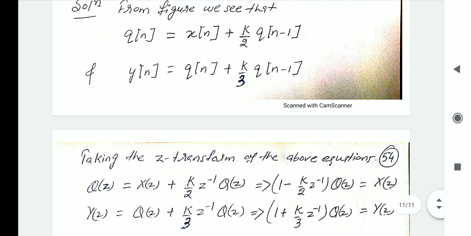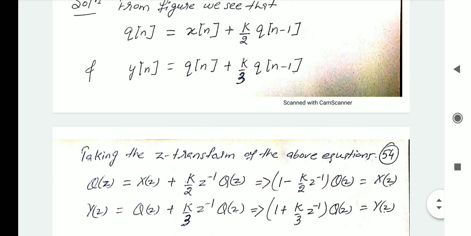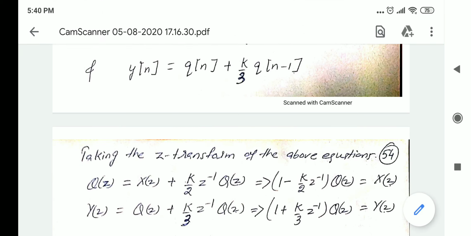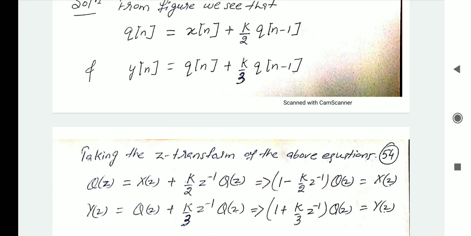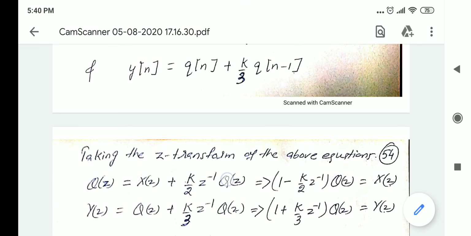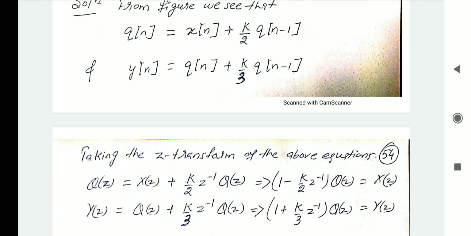Now taking the z transform of the above equations, q(n) can be written as Q(z), and the first equation becomes Q(z) equals X(z) plus k/2 times q(n-1), which can be written as z to the power minus 1 Q(z). Taking this term to the left side, 1 minus k/2 z to the power minus 1 into Q(z) equals X(z).